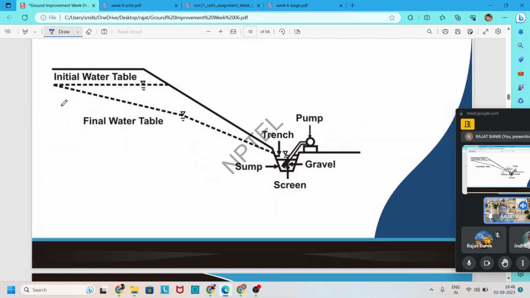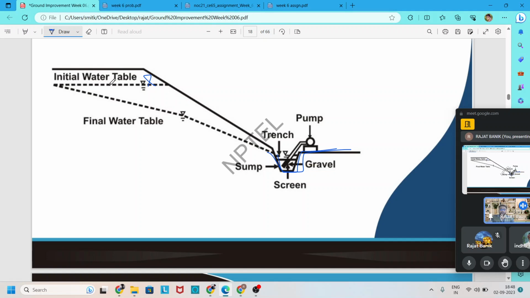So if you see this picture, it is shown on a slope. The original water table is here. By some arrangement, a trench or sump and pump arrangement, the water from this slope is collected and pumped out to another region, another area.